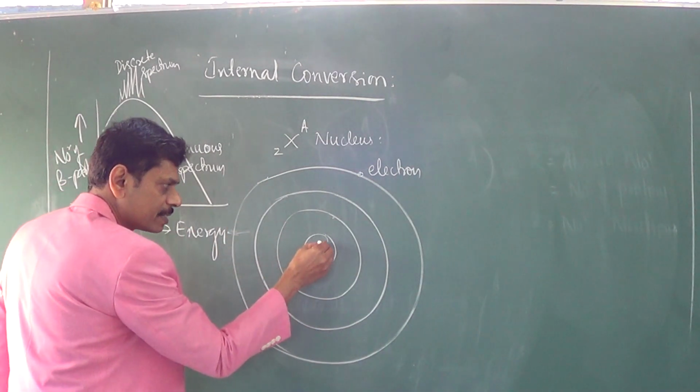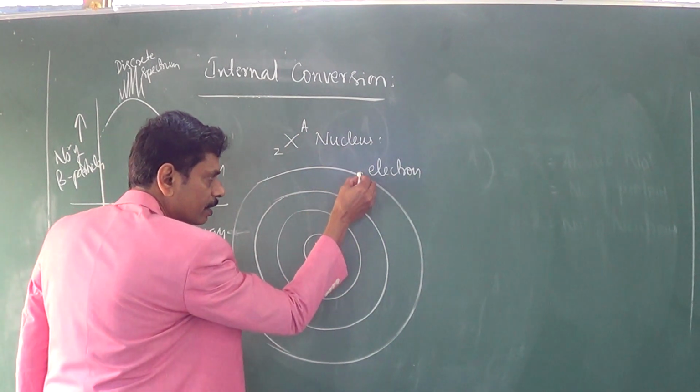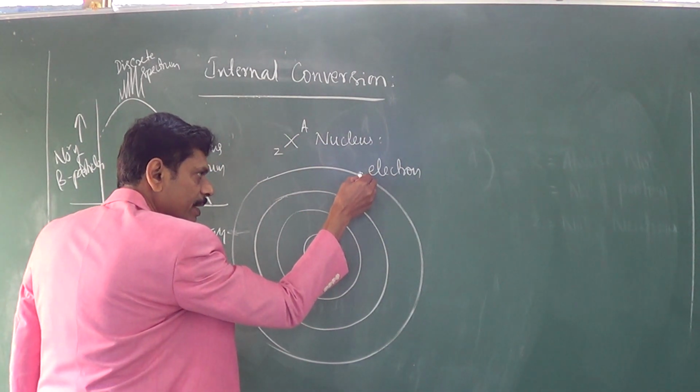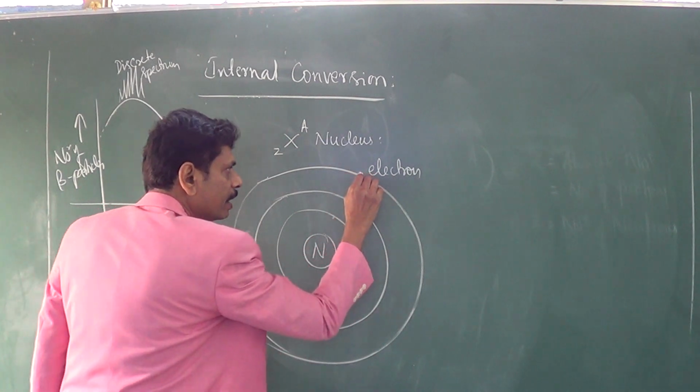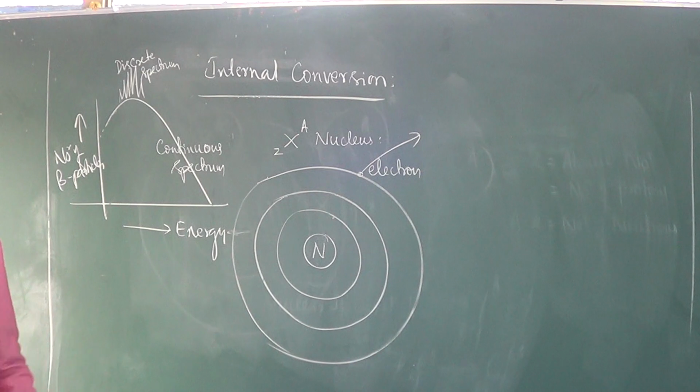Now the excited nucleus gives its energy to this electron. The electron absorbs that extra energy and comes out of the orbit. That is called internal conversion.